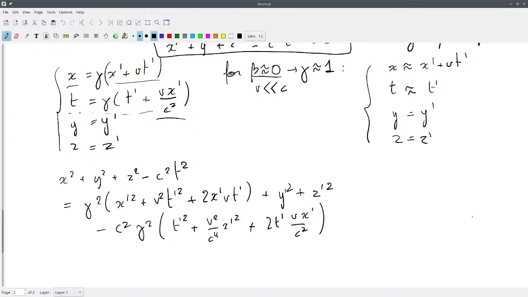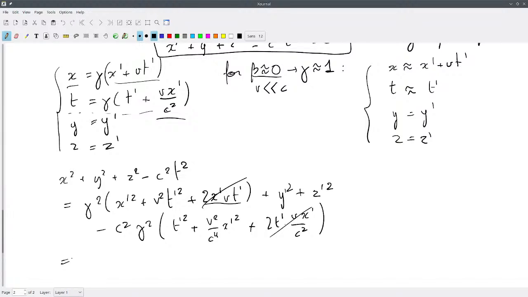Okay, so this looks a little bit complicated. If you look at the terms, you'll see that the cross terms with x prime and t prime each have a 2 times v times gamma squared prefactor, because the c squareds cancel out. And they're different in sign, so they're going to cancel out with respect to each other.